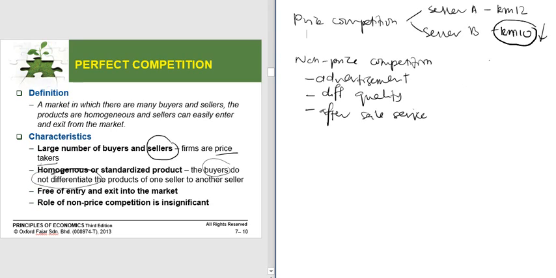Let's say if you sell cars, you can compete with other car sellers in terms of services. Maybe you can give free labor charge for services when you purchase a car. That is what we call after sales service or warranty. Warranty is an example of after sales service.